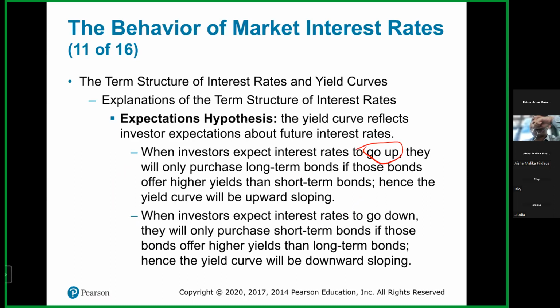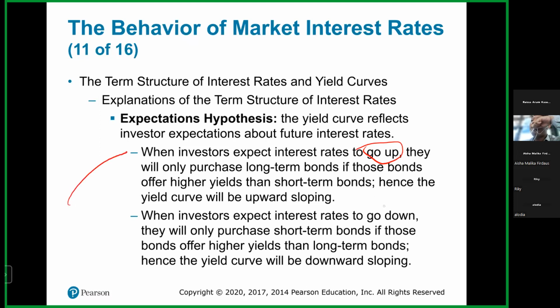Because investors have an expectation of an increase in interest rates in the future, they will usually buy long-term securities. And when these long-term securities provide higher yield, the demand for long-term securities will increase, so the yield curve will go up.